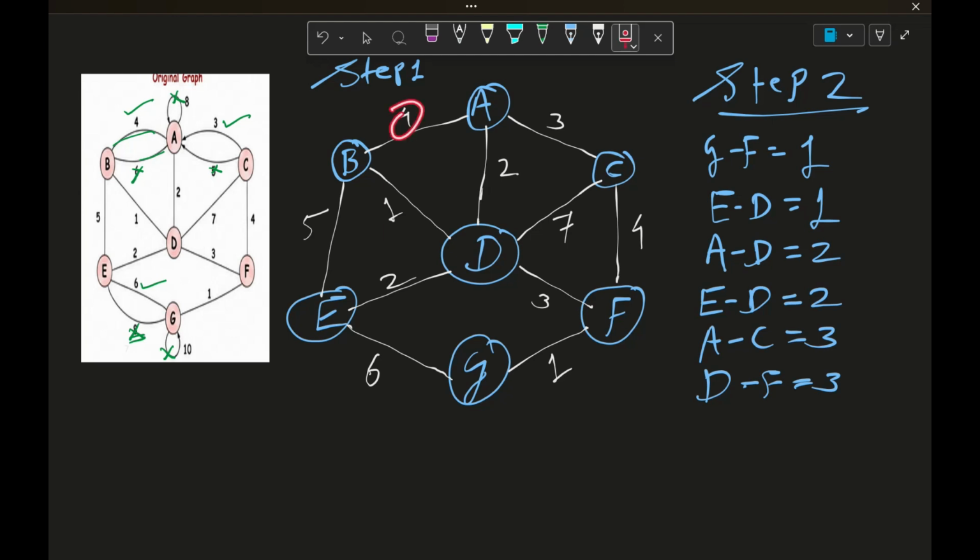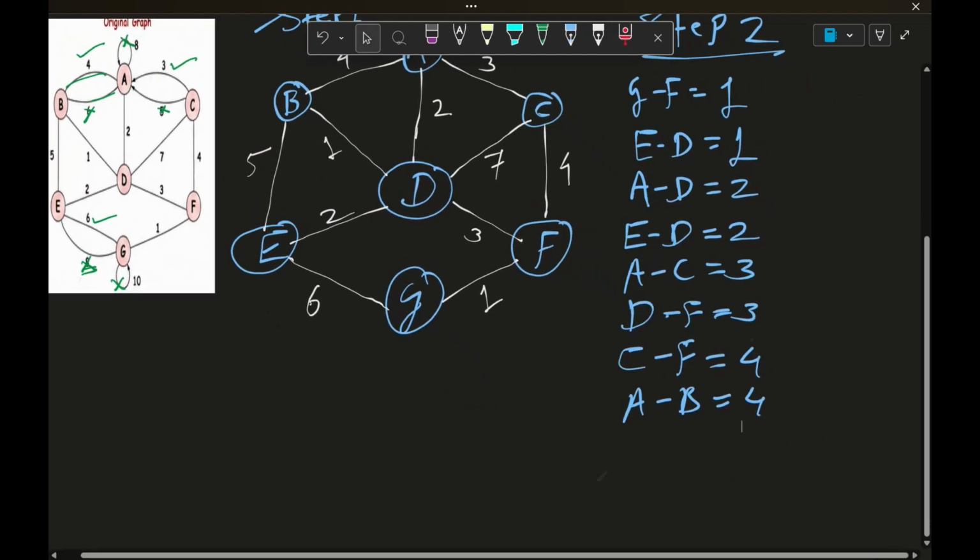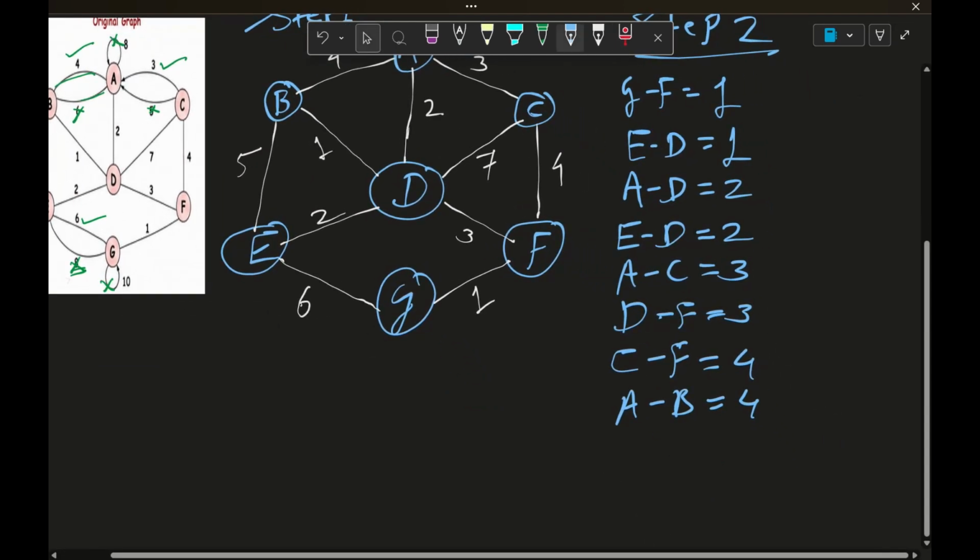Yes, this also. So CF and AB are 4. Okay. Then for 5 we have just one option, it's just this one in between B and E. So you will just write BE.